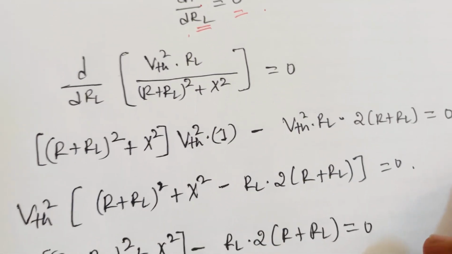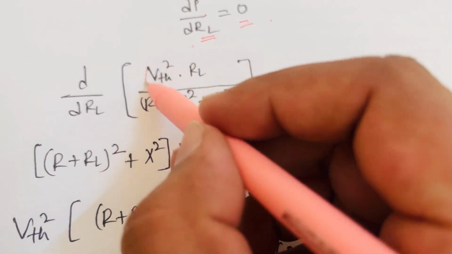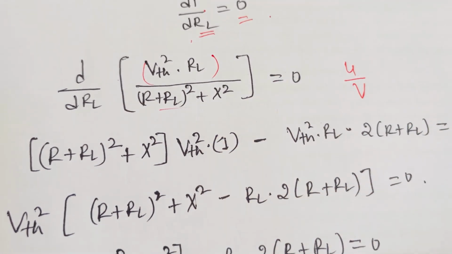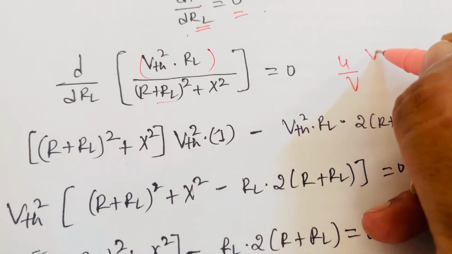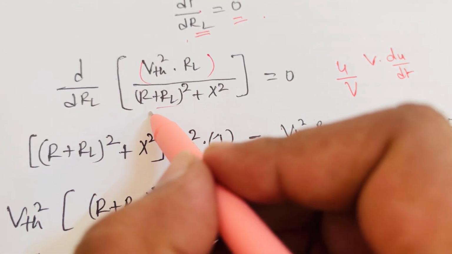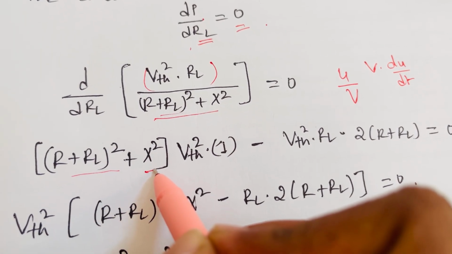This is of the form U by V, where U is VTH square into RL and V is the denominator term. So it is V into dU by dRL, where V is (R plus RL) whole square plus X square as it is.